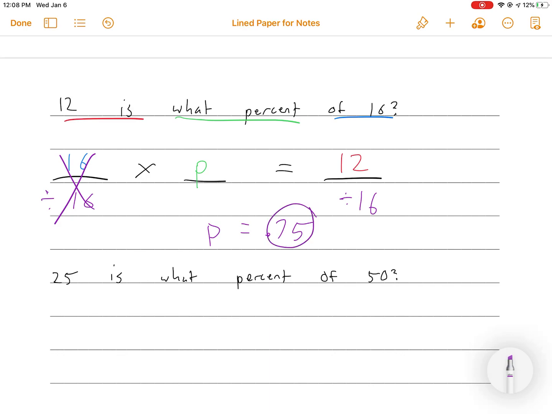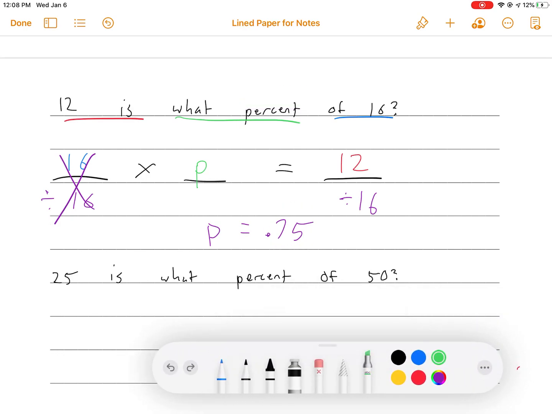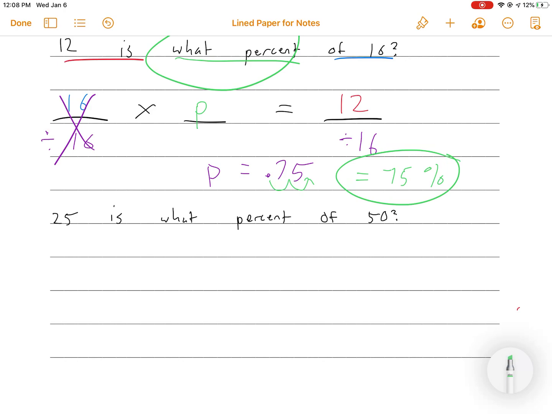The number that I called P is 0.75, but this is a decimal. I need to find percent. So I'm going to take that decimal and go to the right in the alphabet, and to the right in the number. 1 spot, 2 spots. That's 75%. So 12 is 75% of 16.